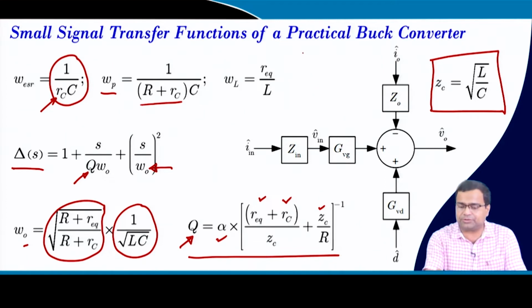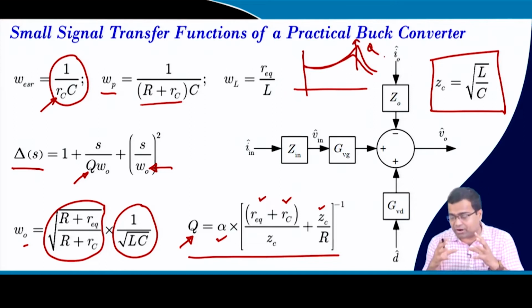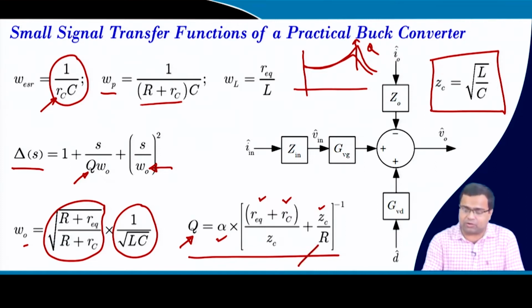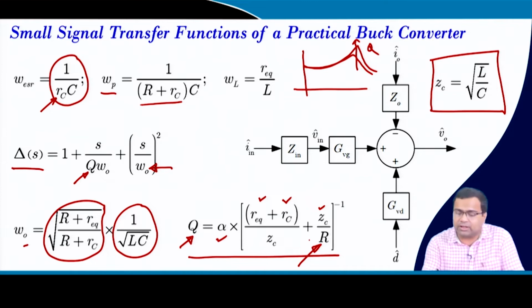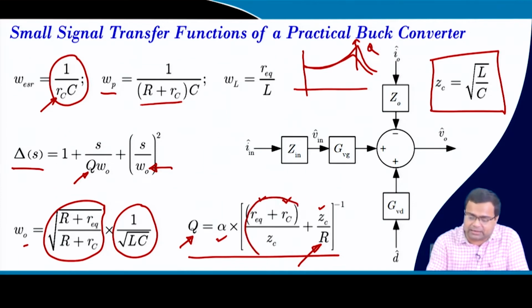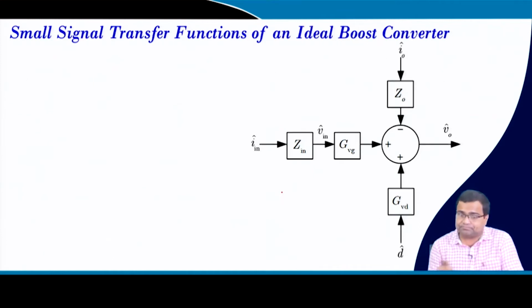Suppose you draw the gain plot, in one case it will be like this, if you go further it will go like this. So if the Q factor increases, who decides the Q factor? Primarily it is the load resistance. In case of a constant current load, if there is no resistive load, then the Q factor is decided only by the parasitics and the characteristic impedance.